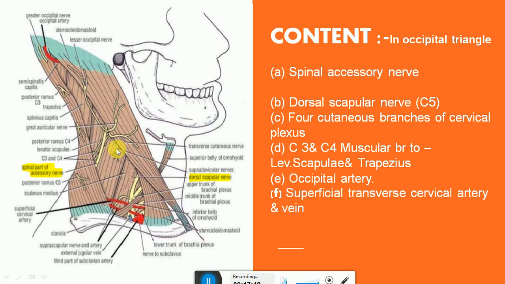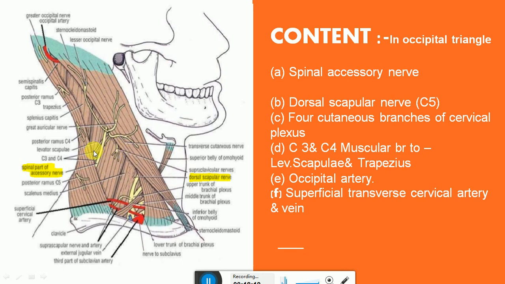So once again I am going to repeat. The first structure you are able to visualize is the spinal accessory nerve. Second is the dorsal scapular nerve. The 4 cutaneous branches are lesser occipital, greater auricular, transverse cervical, and the supraclavicular nerves.